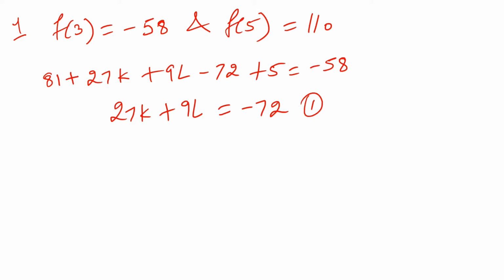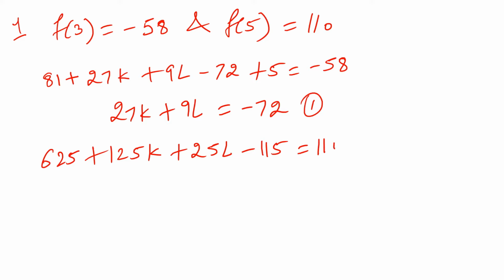Now we find the value of f(5) by putting x equal to 5 in the expression of f(x). We'll be getting 625 + 125k + 25l − 115 = 110.